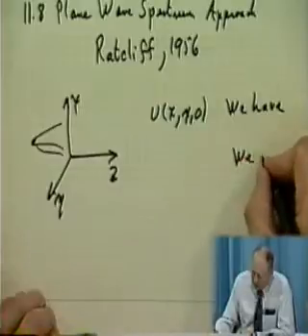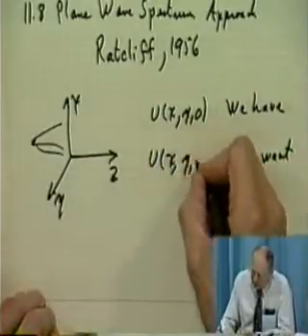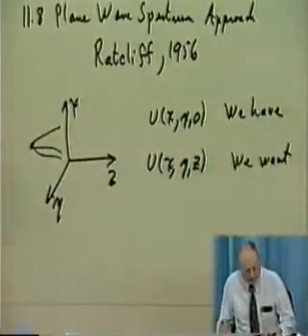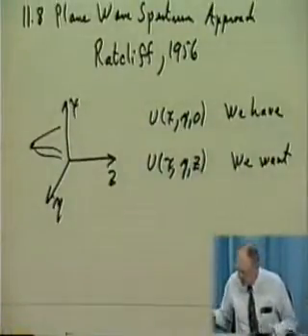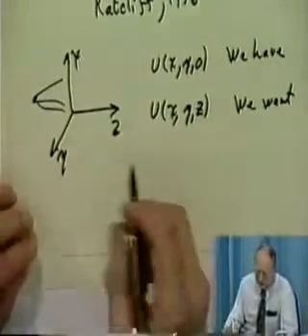And what we want is u of x, y, and z. Okay? Well, we can write down here the spectrum.